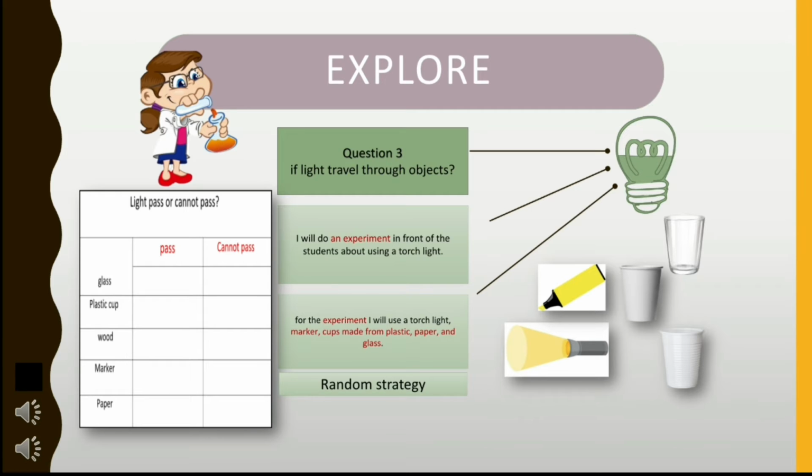And they will see that some objects allow the light to go through them, like the glass and the cup, which is plastic. Some objects let the light go through partially, while others stop the light from going through.